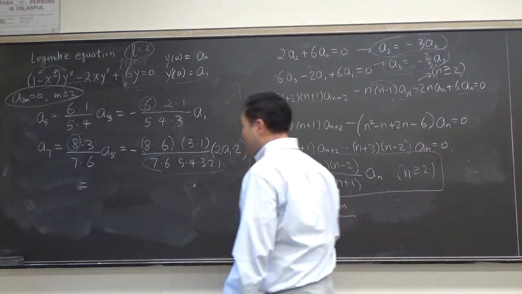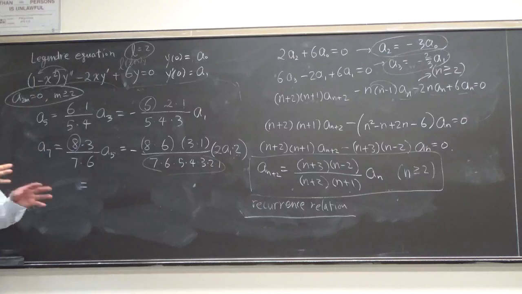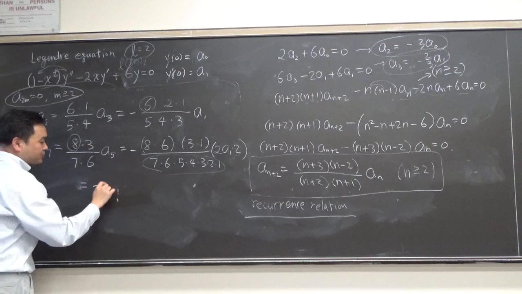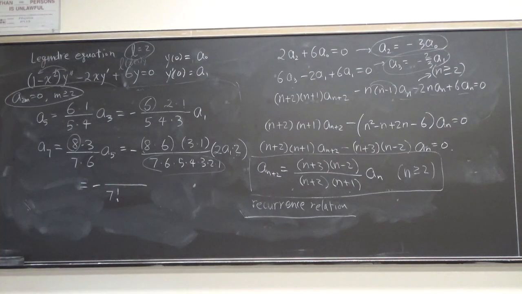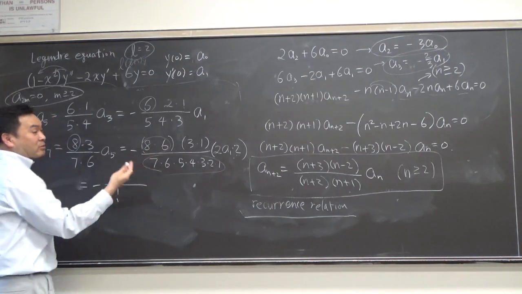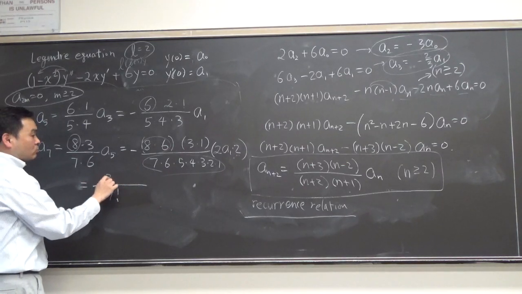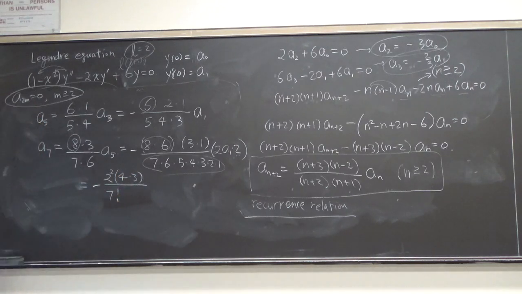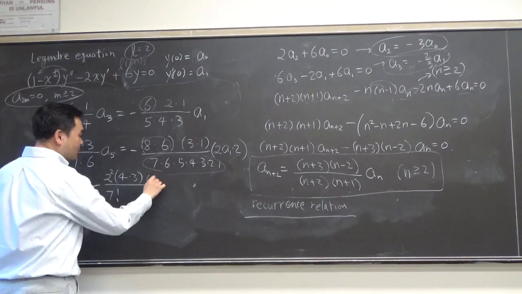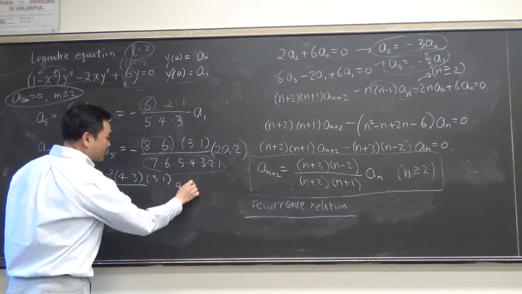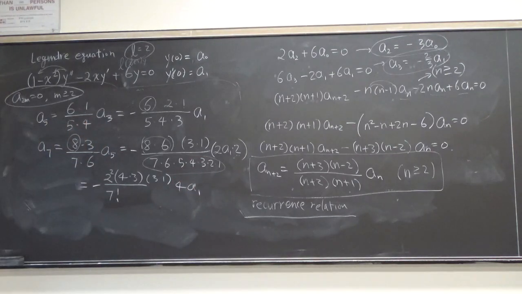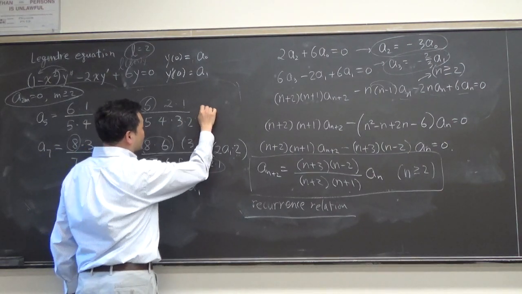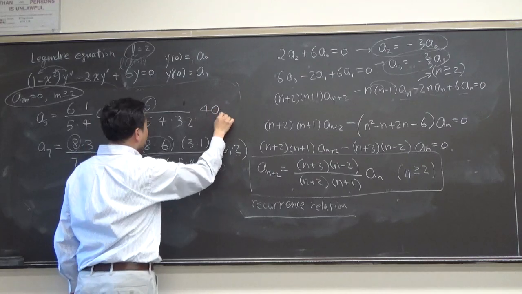If you attach the 2 and 1. So it would be negative 7 factorial. And another idea is to take this one and factor a 2 out. So it's 2 squared times 4 times 3, right? And then 3 times 1. And 4A1. And let's do the same thing here. 2, write it here, 4A1.